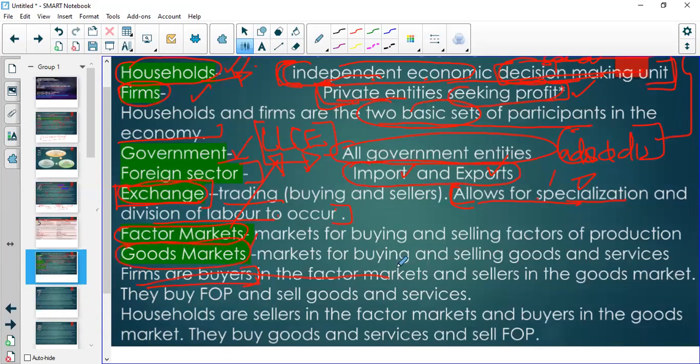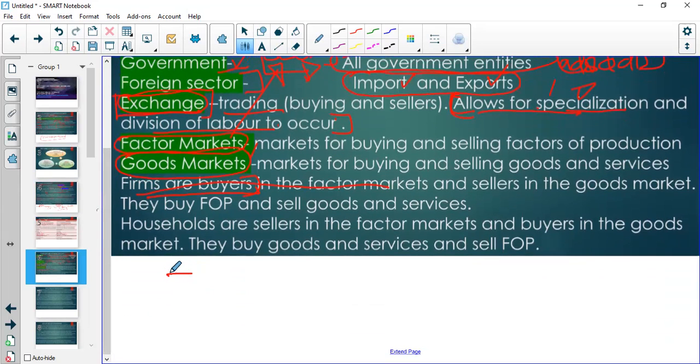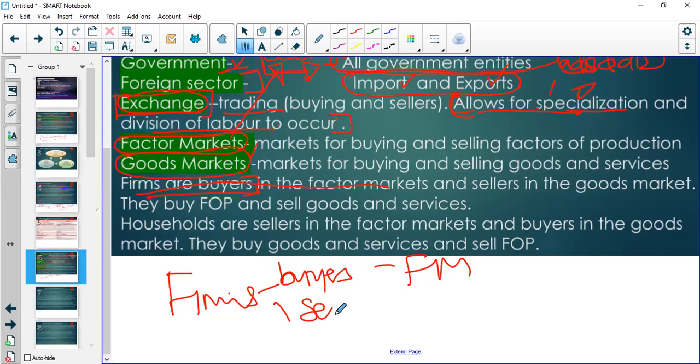Right. So if you look at firms or companies, they are buyers in the factor markets. And after combining the factors of production to produce goods and services, they are going to be sellers in the goods market.